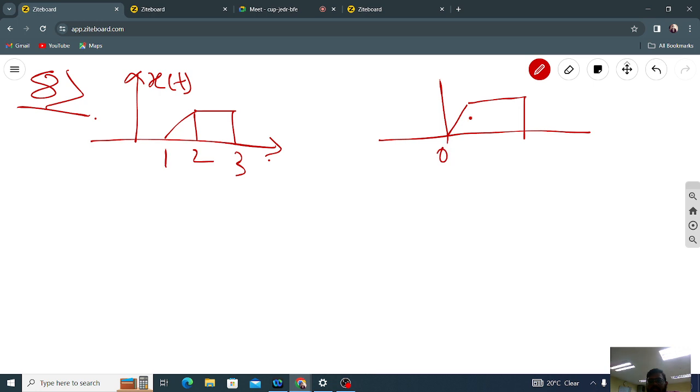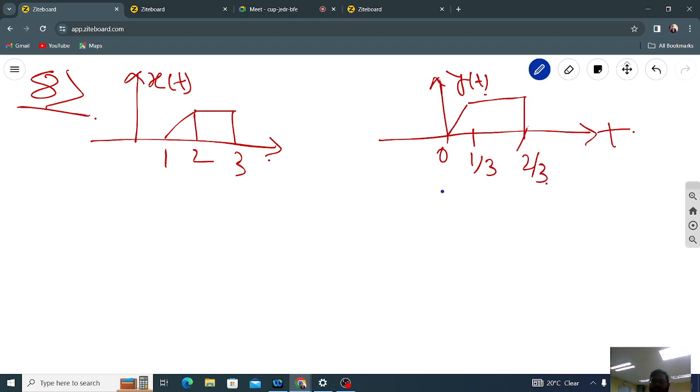This is 0 but the scaling factor is here, this is 1 by 3 and this value is 2 by 3, this is t, and we have to find what is the y of t and x of t relationship.